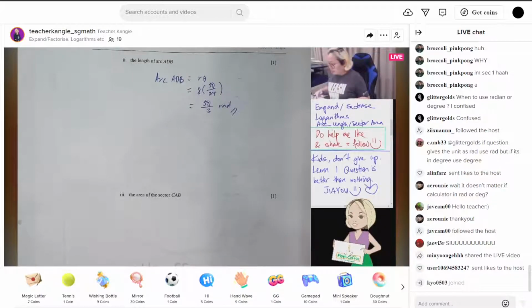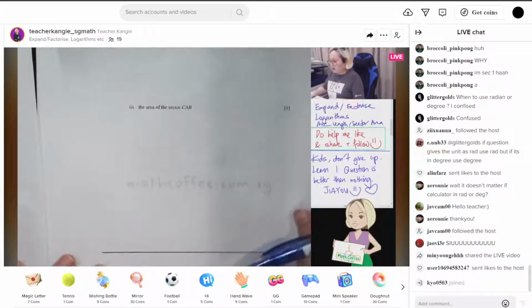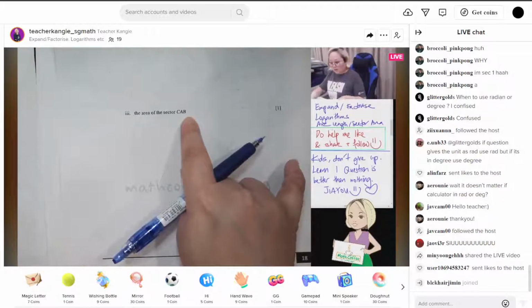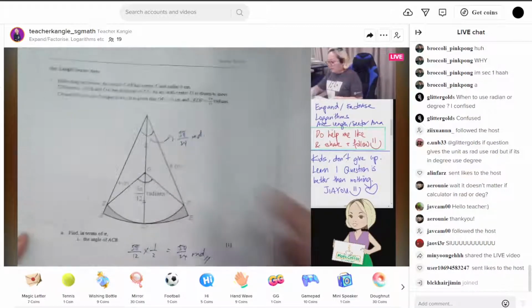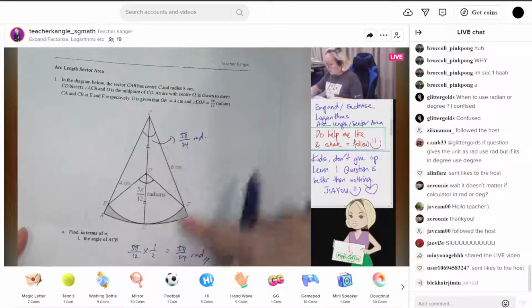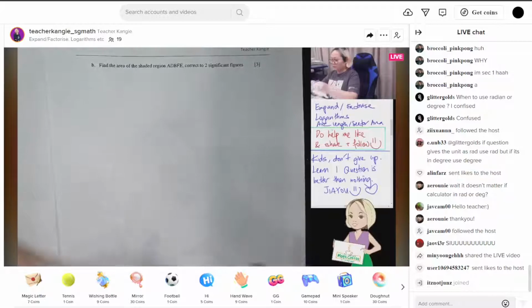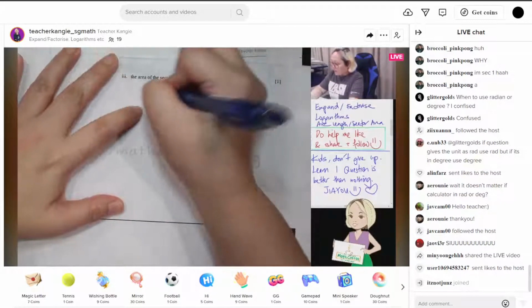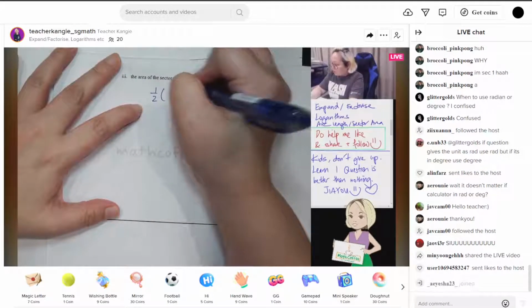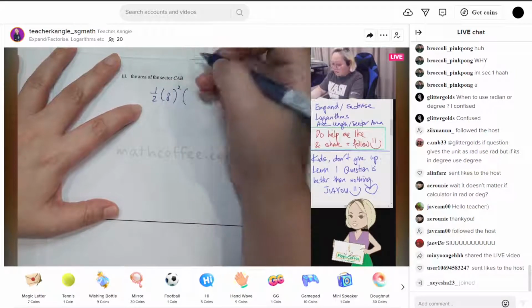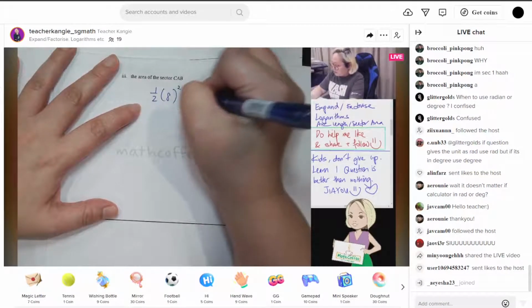Correct now? Okay. Next, area of sector CAB. So come back to here. CAB, same thing. I just use half r squared theta. So it will be half r squared, which is 8 squared, theta, which is 5 pi over 24.